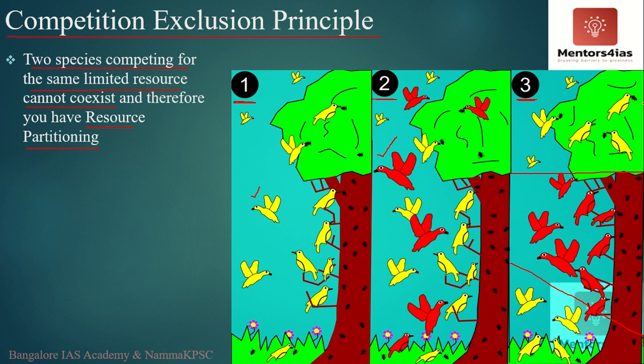Hence, the niche of a species will always include all of its interactions with the biotic and the abiotic factors of its environment, and it's always advantageous for a species to occupy a unique niche in an ecosystem, because it reduces the amount of competition for resources that the species will encounter. Even you, the person watching this video, whether you're a student, a working professional, or a housewife, the role that you play forms a part of your niche.